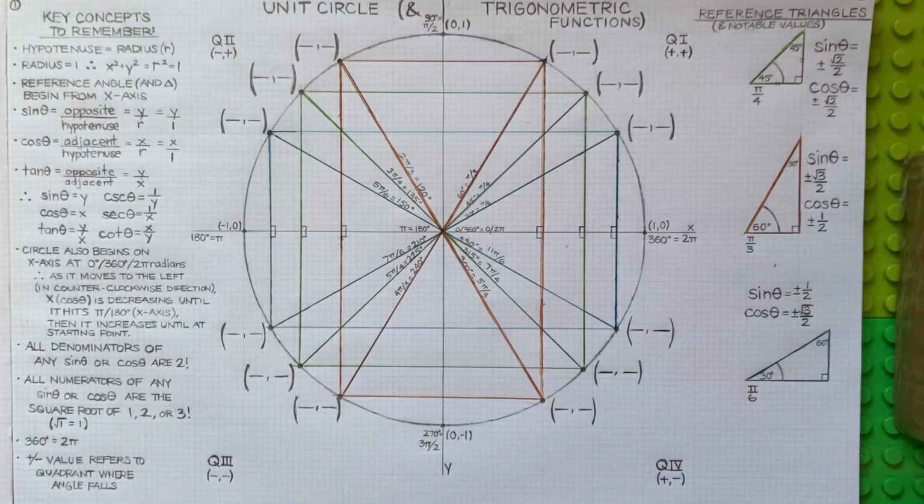Now we can look at some things that the trigonometric functions have in common with each other that can help us quickly recall the values for any given angle of 30, 60, or 45 degrees. So any sine or cosine of those 3 angles will have a denominator of 2.